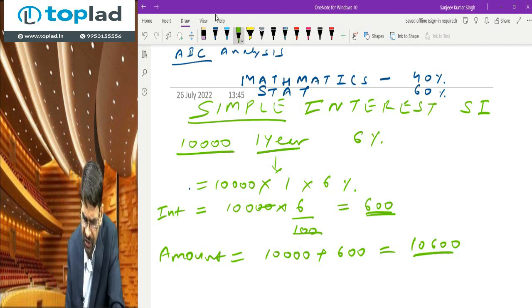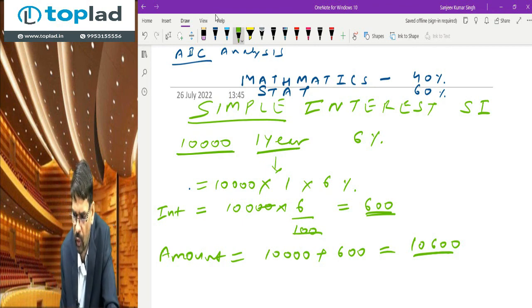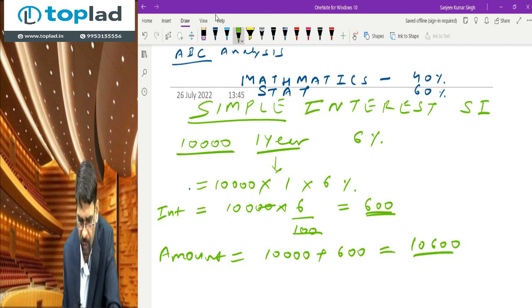So we can easily derive the formulas from here; two formulas we will derive from this question. One is amount is equal to principal plus interest.